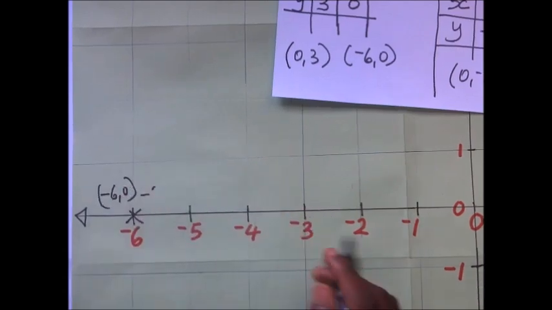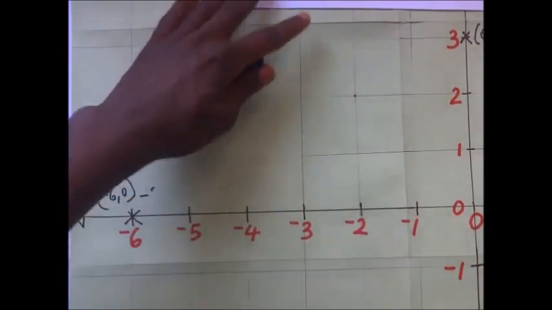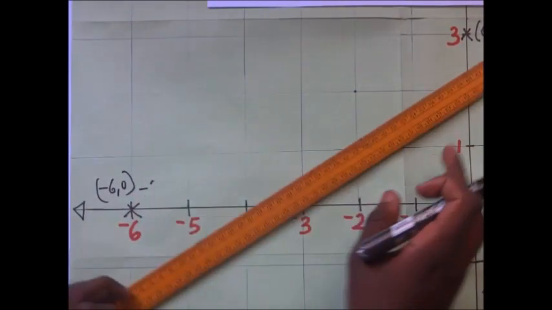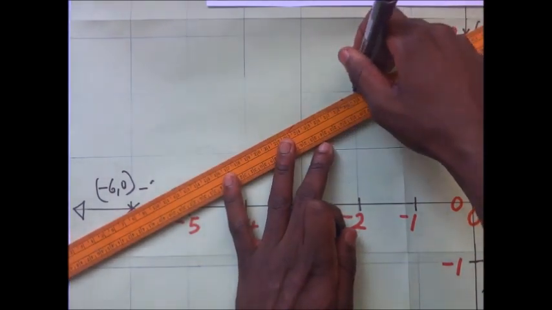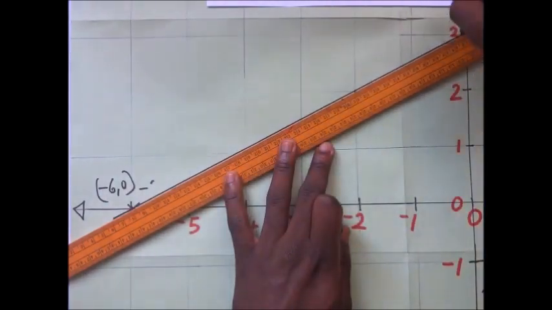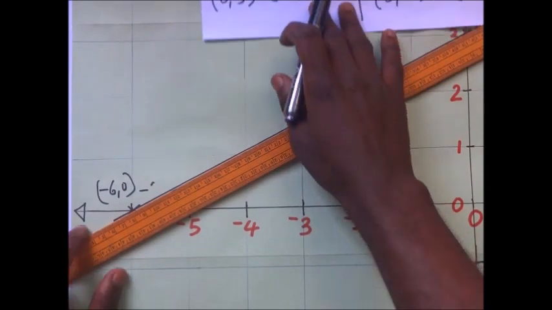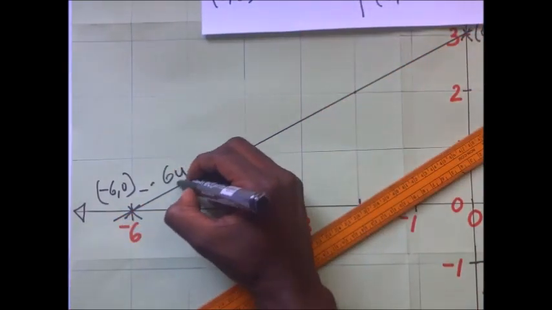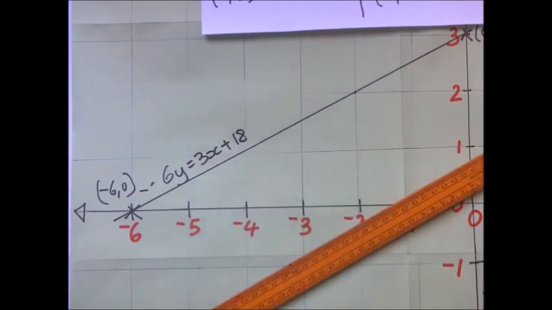And so we shall draw that line. So this is line 6y is equal to 3x plus 18.